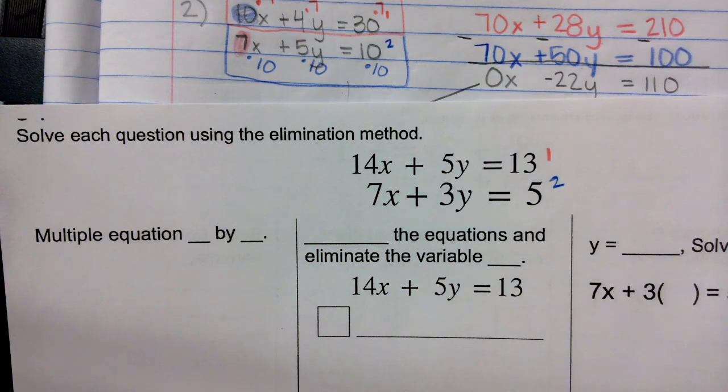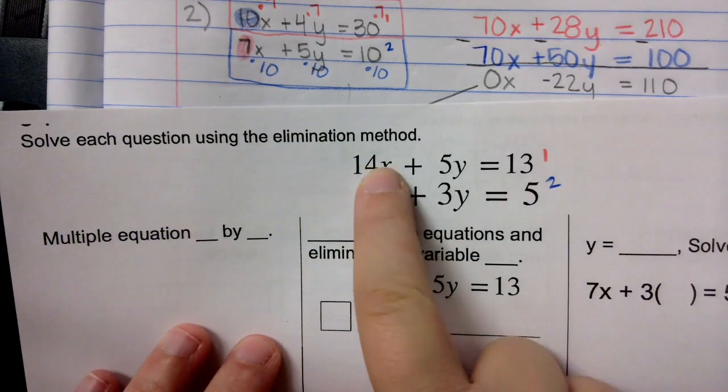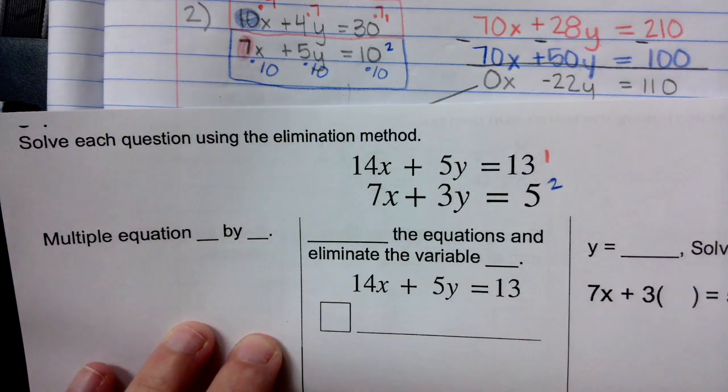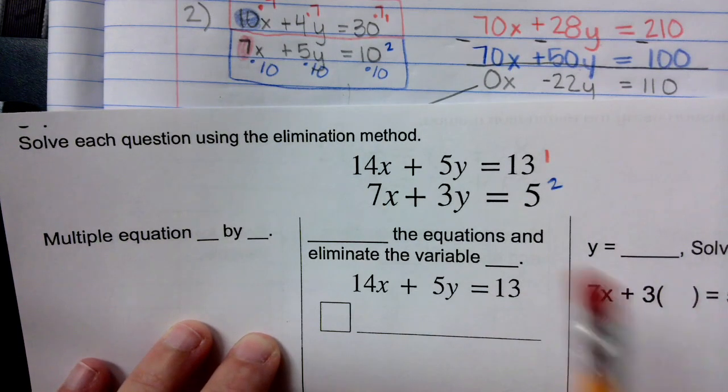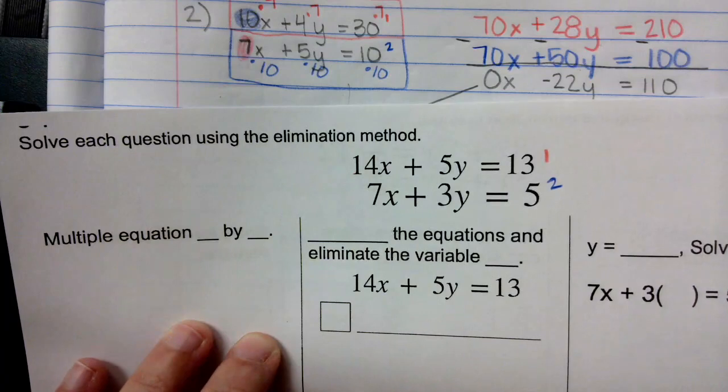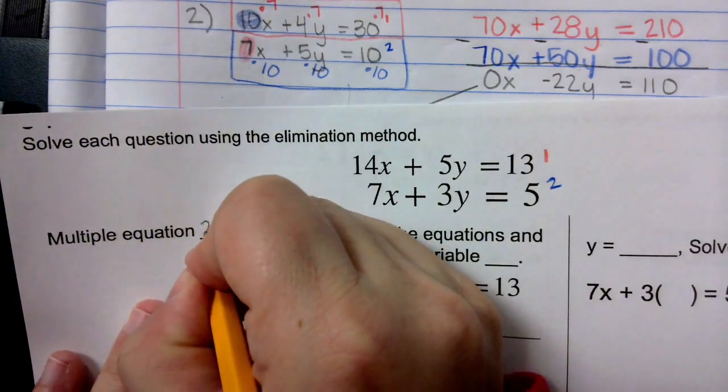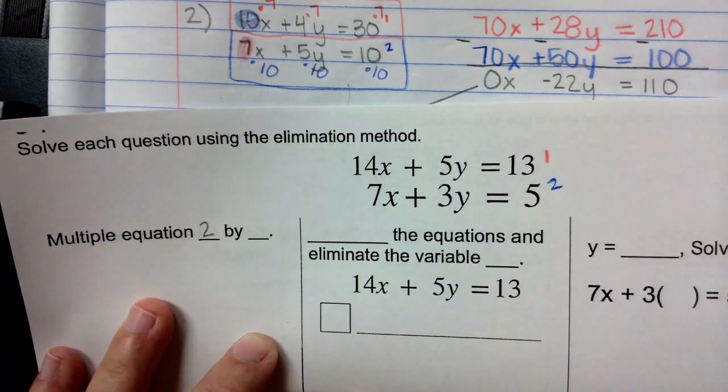Okay, which equation are we going to multiply by? If we get rid of our x's, what do we have to multiply by? 2. Are we going to multiply equation 1 by 2 or equation 2? Okay, so we're going to multiply equation 2 by 2.